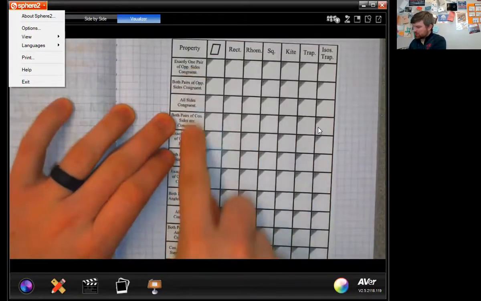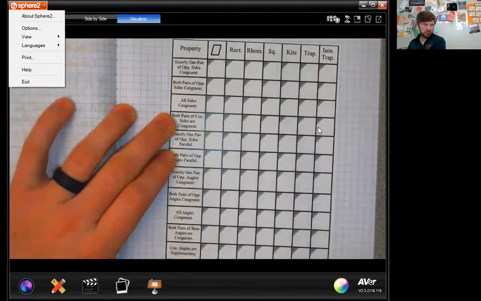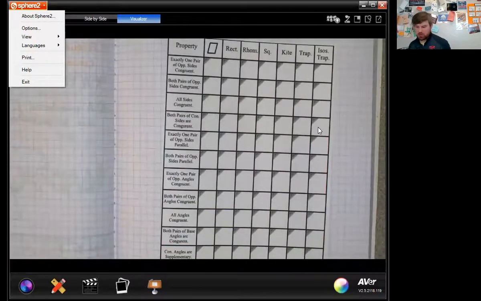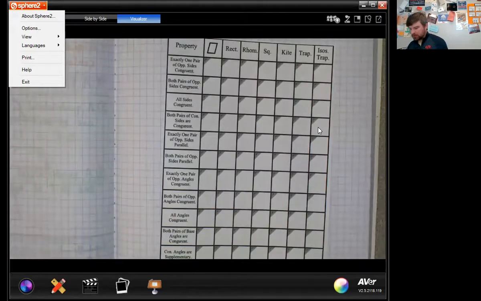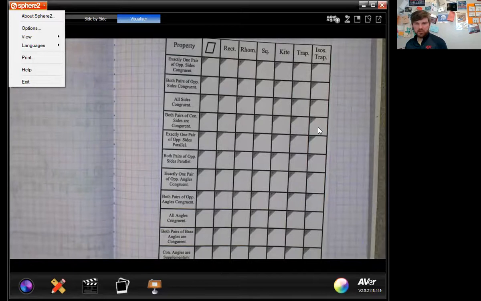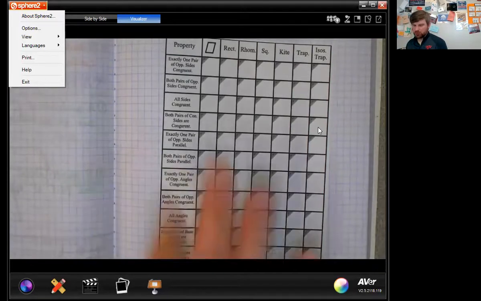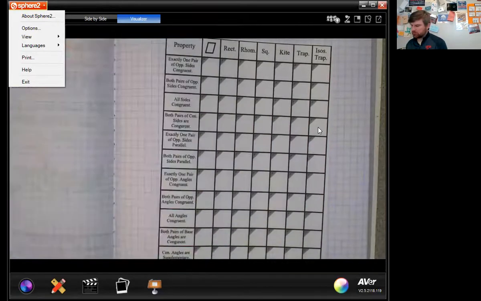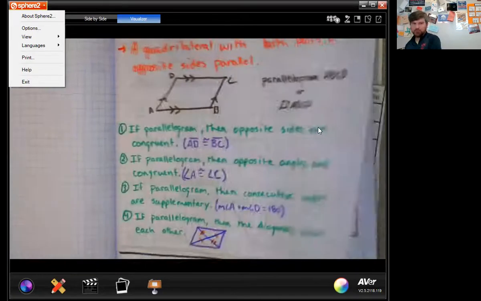And going down this column, we have all the different properties that we have talked about. If we are in class, I'm going to give you a little bit of time to research or figure some of these out.